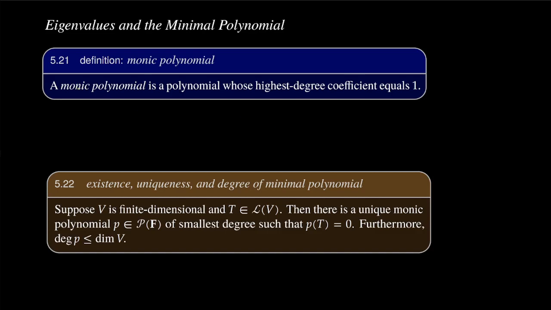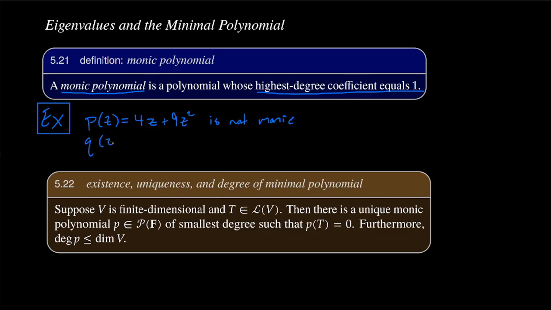Here's the idea. We'll need one little quick definition. So a monic polynomial, it's just a polynomial whose highest degree coefficient is 1. Let's do an example really quick just to make this clear. It's not a terrible concept or anything like that. So p of z, let's take this to be like 9 plus 4z plus 9z squared, how about, is not monic.